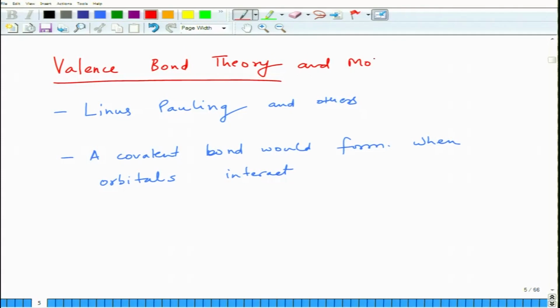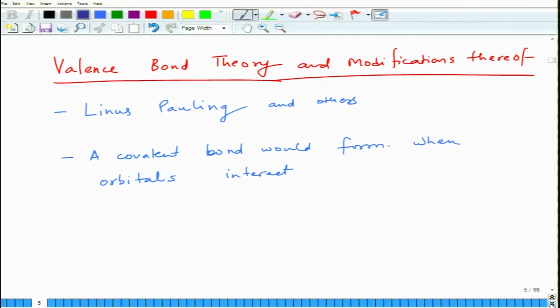So I can write here valence bond theory and modifications thereof, which was based on hybridization basically. So it is not only just orbital interaction, it is also orbital hybridization which leads to better orbital interaction, if we can say that.